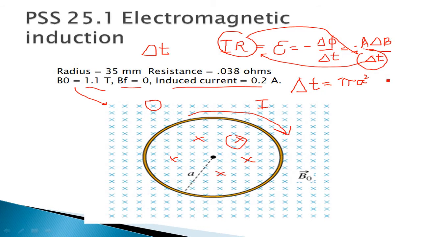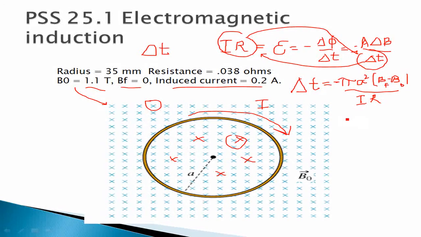The magnetic field is going from the initial value to the final value, so it's B final minus B0, and the current I and the resistance R.